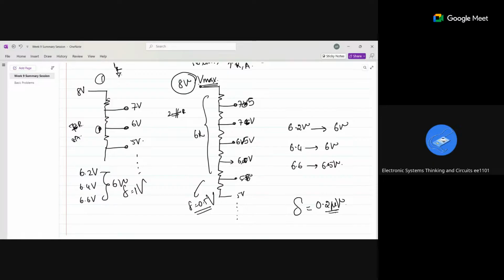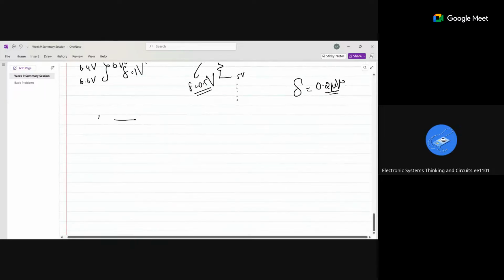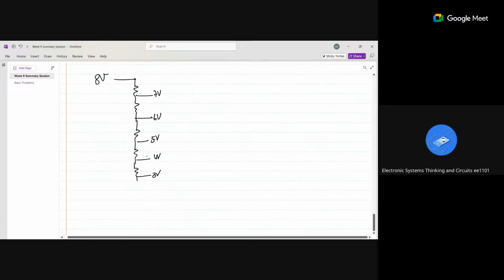If it is 8 volts here, then it is 7 volts, 6 volts, 5 volts. What if it is 4 volts? What I'm saying is, wait. Here it is 8 volts, 7 volts, 6 volts, 5 volts, 4 volts, 3 volts, 2 volts, 1 volt, and here it is 0 volts, right?